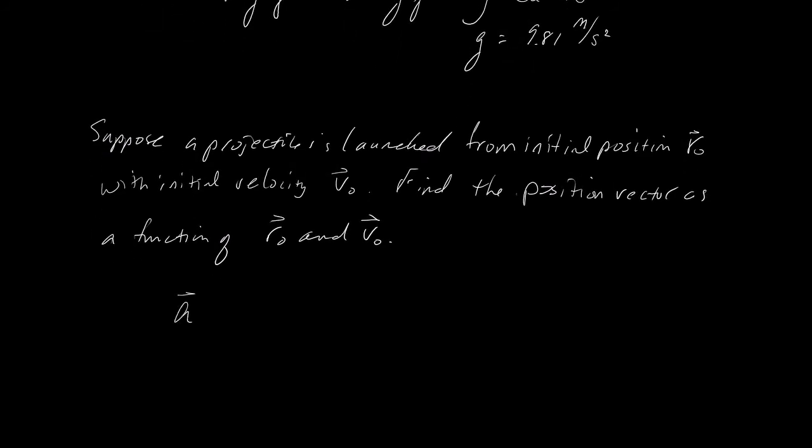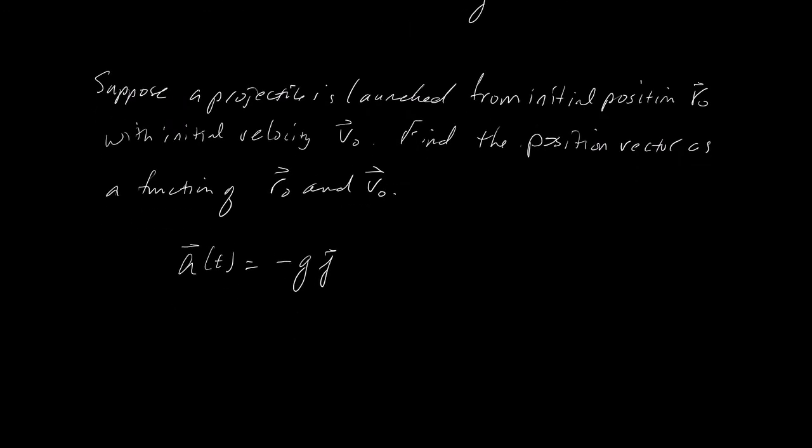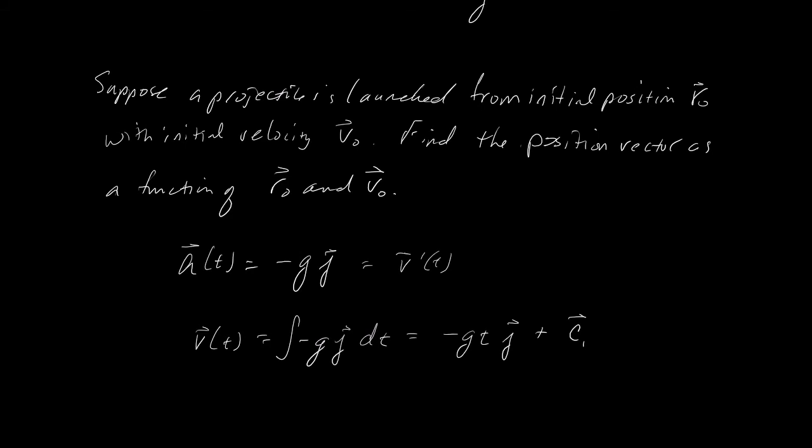Okay, so what do we know? Well, we know that a of t is equal to negative g in the j direction. That's our acceleration. And we know that that's equal to the derivative of our velocity vector, so we can find v of t by taking the antiderivative. So the integral of negative g in the j direction dt. So that's going to give us negative gt in the j direction plus some constant vector c1.